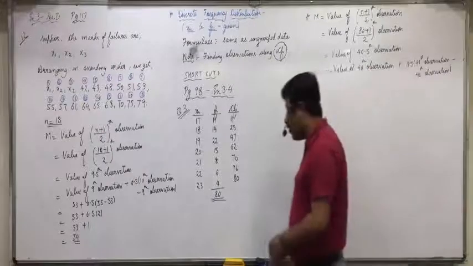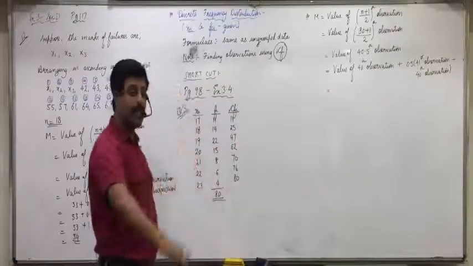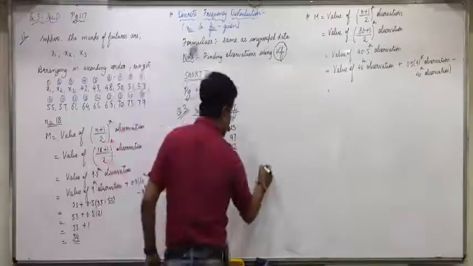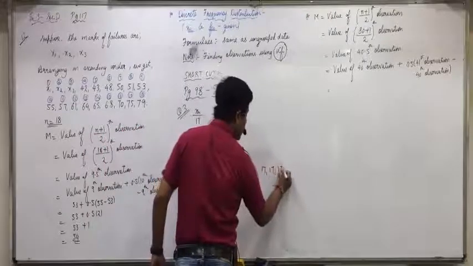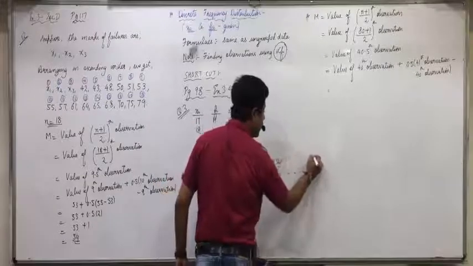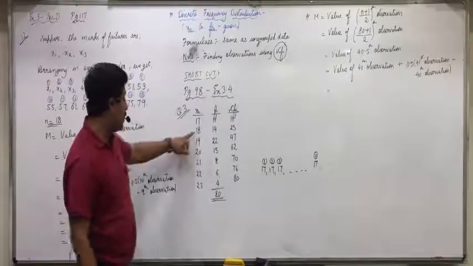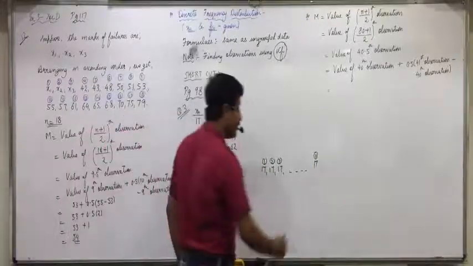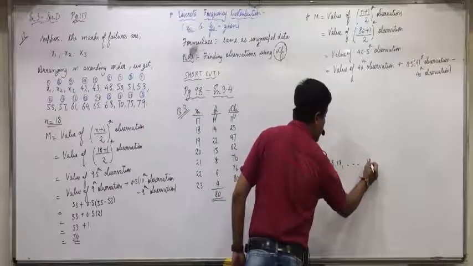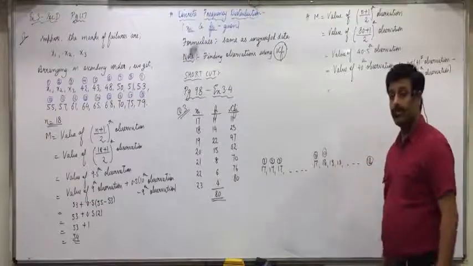Now be attentive. How do we find those observations using CFI? First of all, 17's frequency is 11. Means can I say 17 is occurring 11 times? First, second, third, up till 11. Then 18 is occurring 14 times, but the numbering will start from 12.